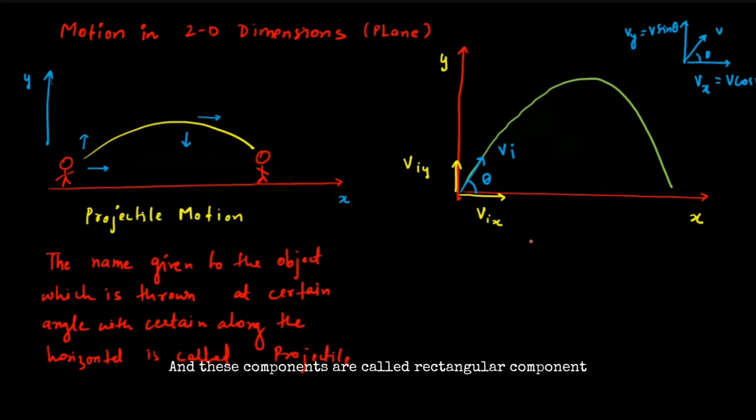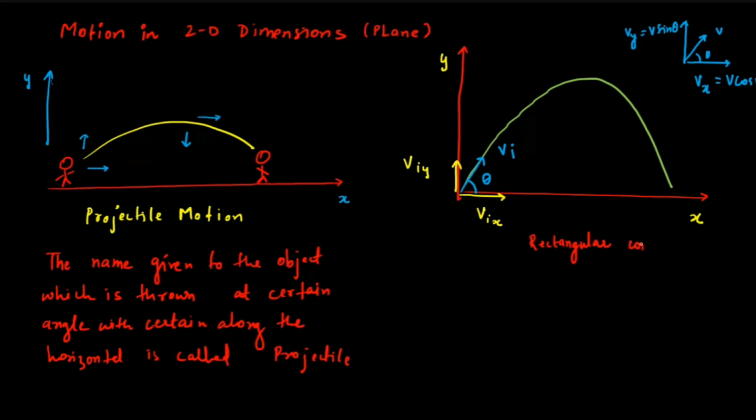These components are called the rectangular components of velocity along the x and y axes respectively. We already talked about it.